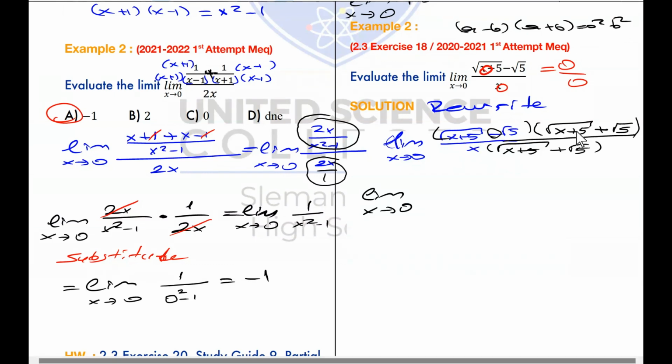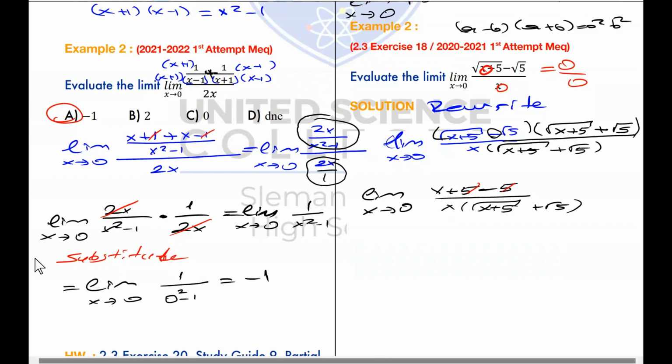So first one squared, square root of x plus 5 squared is just x plus 5, the square root will lift off, minus square root of 5 squared is just 5, the square root will lift off, all over x times this. Okay, so the 5's will cancel each other.